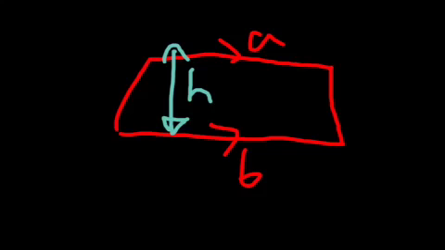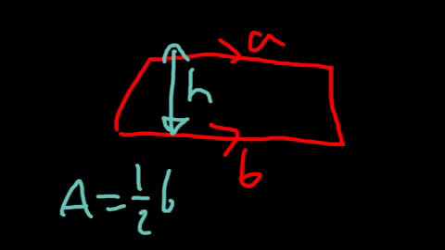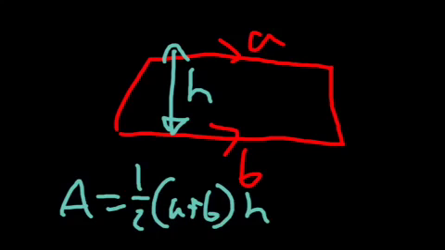So the formula A equals 1/2 base... no, that's the triangle formula. It's 1/2 (A plus B) H. Okay, and so those are the basic formulae.